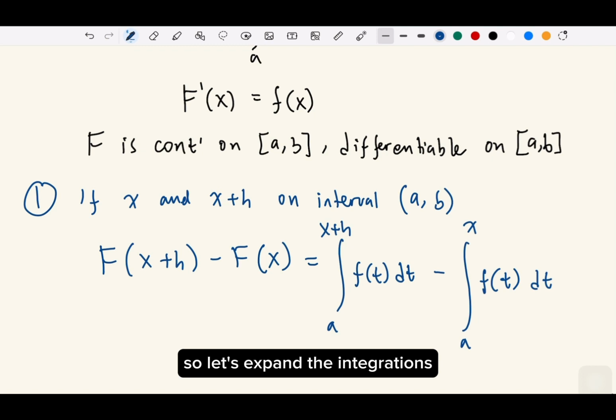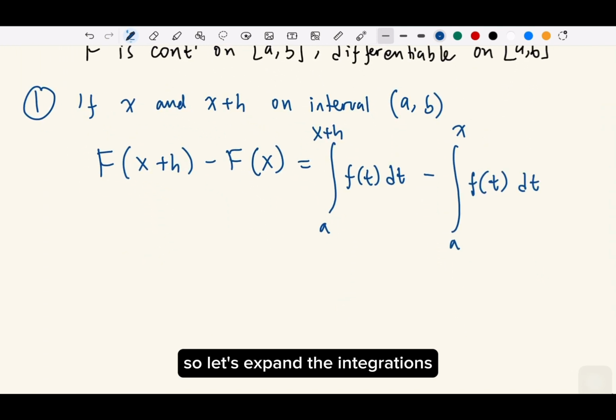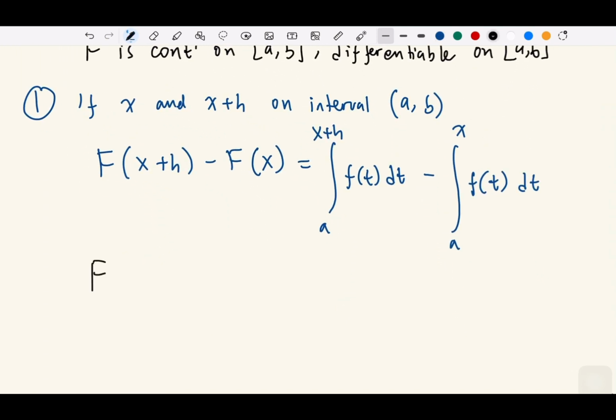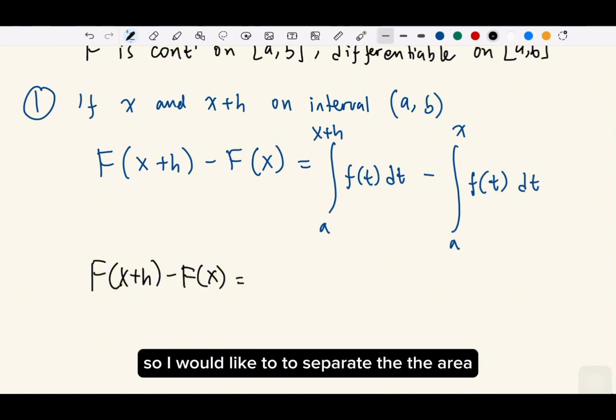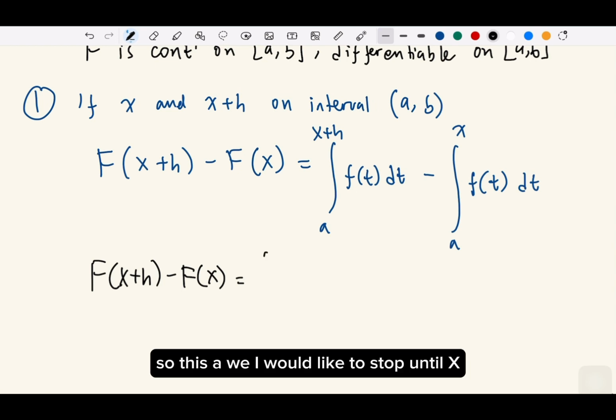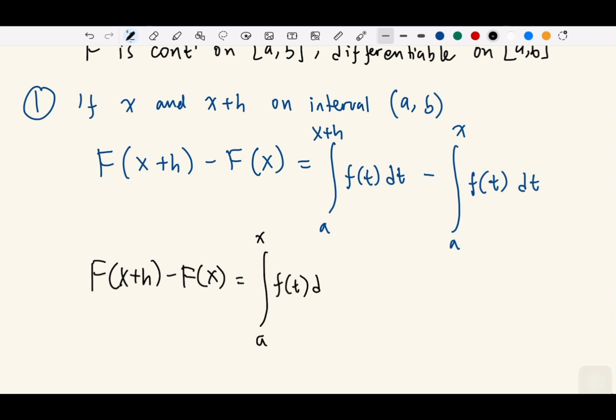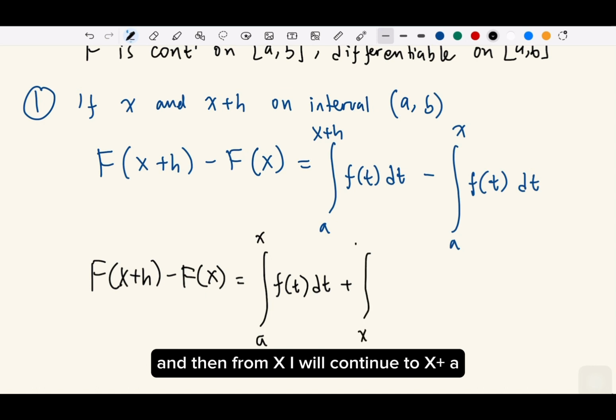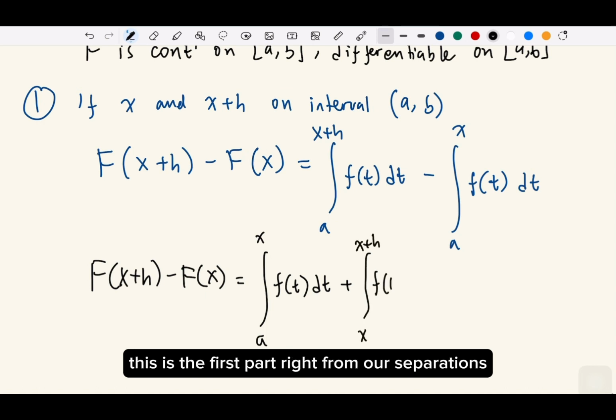So let's expand the integrations. I would like to separate the area. So this, I would like to stop at x, and then from x, I would continue to x plus h. This is the first part, right?